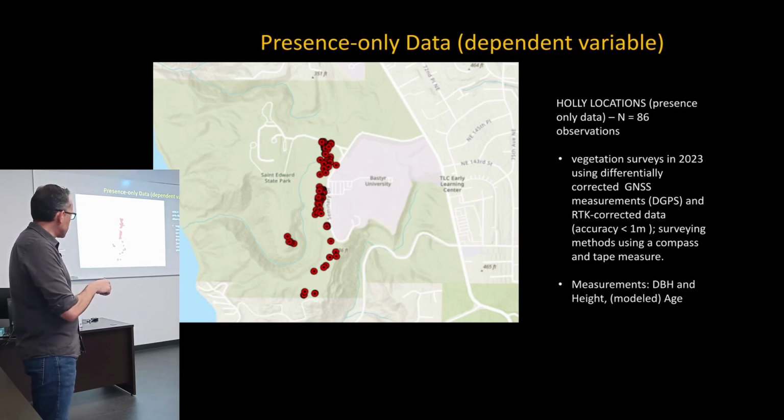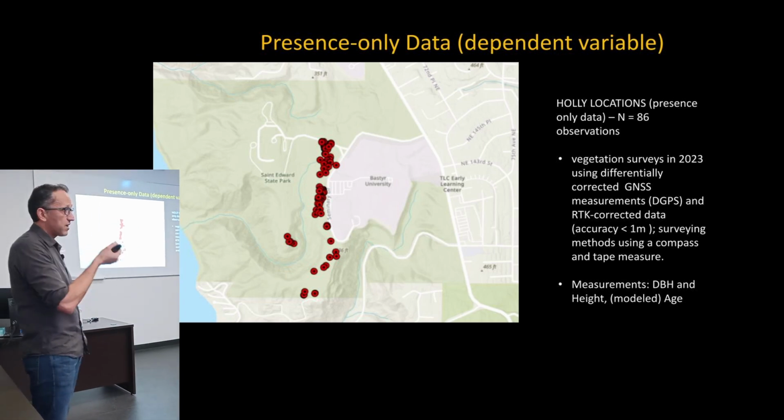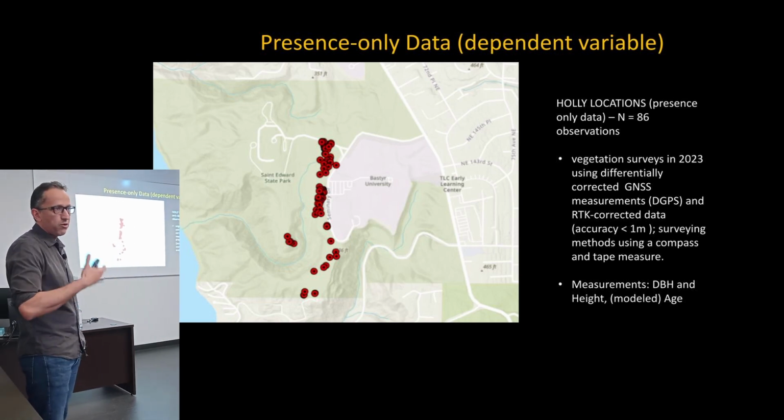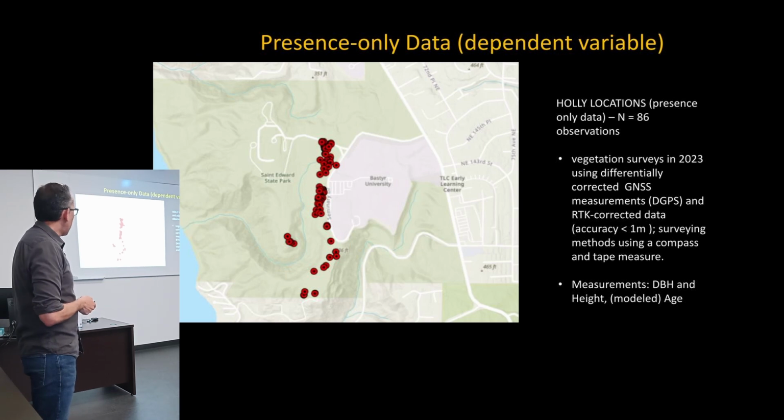So we were able to correct the GPS measurements to an accuracy of less than 1 meter, which is not possible to achieve with a regular GPS receiver. The ones on your phones won't be able to get to this level of accuracy.